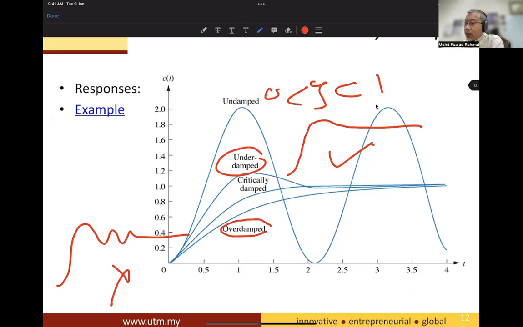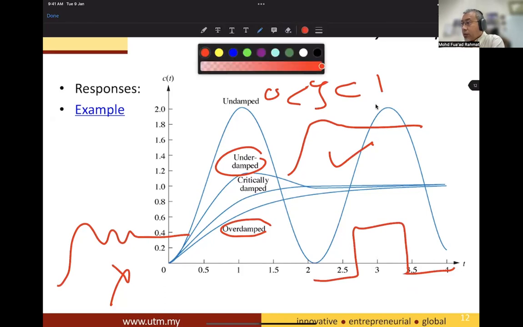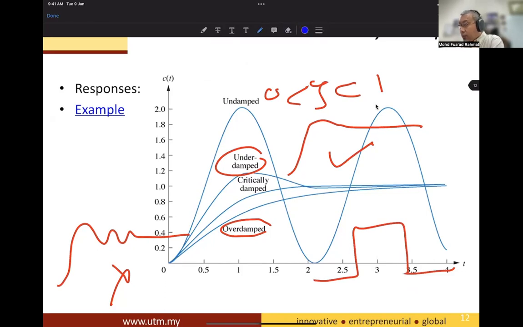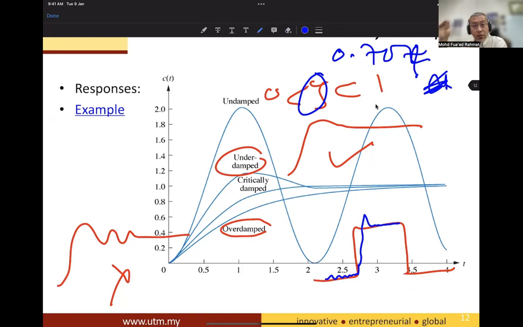Try to design so that if the input is square, the response is the blue one. It follows, goes up and then goes down. This is the best response. To get this, you must set your zeta between 0 and 1, or the best one is 0.704 from my experience. Did I answer your question?